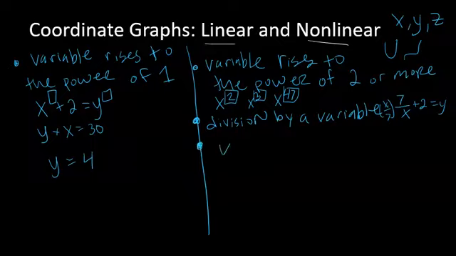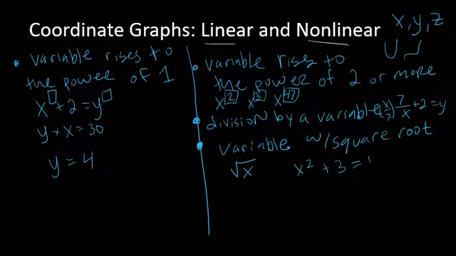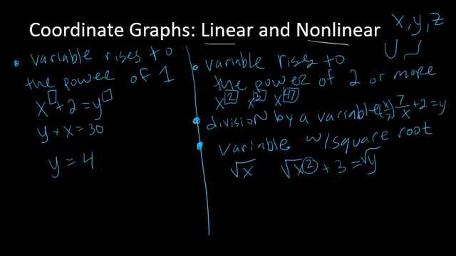Okay, what about the next one? A variable with a square root. So if you get something where you end up with a square root, or I guess even better yet, let's say you have one of these, plus 3, I don't know, equals y. Well, when you're trying to get everything by itself, you're eventually going to have to square root stuff, right, to get rid of that 2.